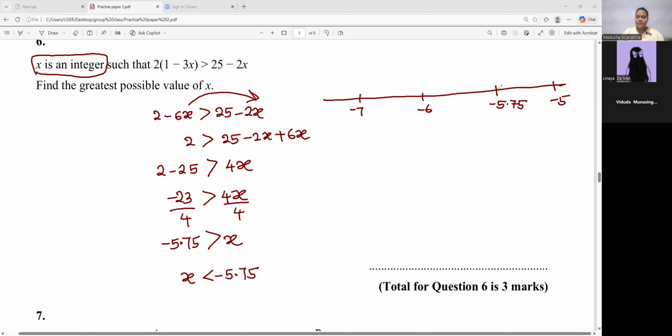And there's no equal mark, so don't color the circle. On the less than side, the first integer it meets is minus 6. That's the greatest value. Not minus 7, and not minus 5 because minus 5 is greater than minus 5.75. So the answer is minus 6.